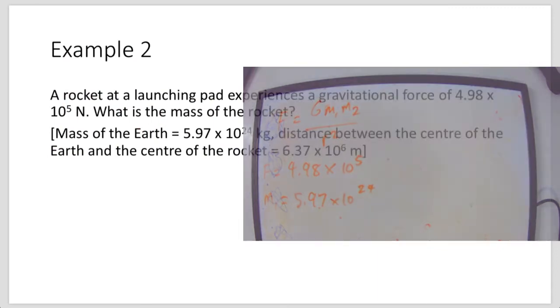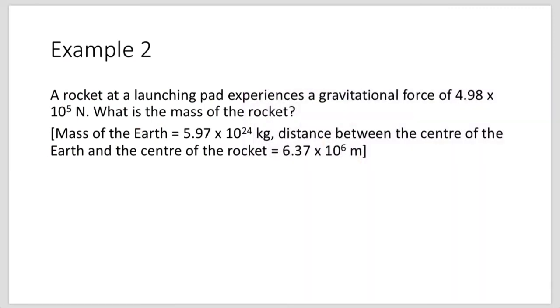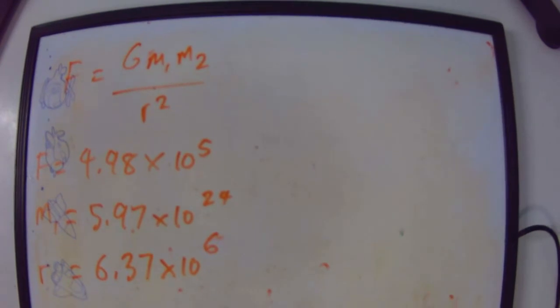So R equals 6.37 times 10 to the power of 6. So this is the information that we have. And what we need to figure out now is how much is M2. Not stated at all.